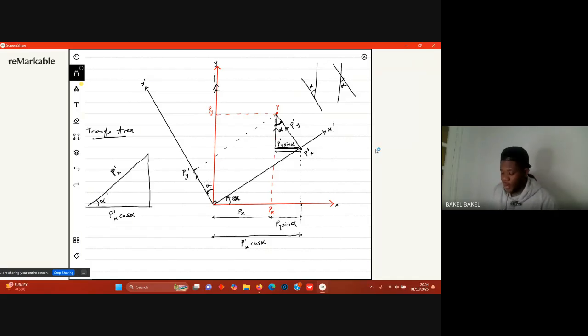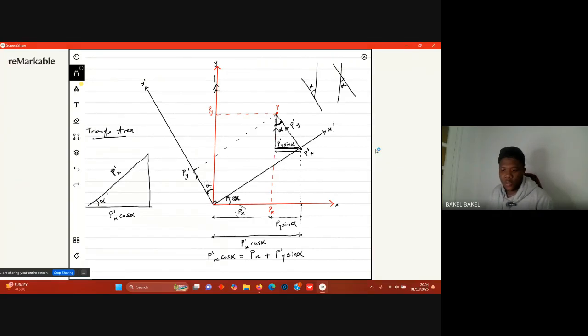Now you can see that somehow we've gotten a relationship between the two frames, the points, unlike alpha. We have px, which is from the normal frame. We have p prime, which is from the rotated frame. And here what we can see is p prime x cos alpha is equal to px plus p prime y sine alpha.